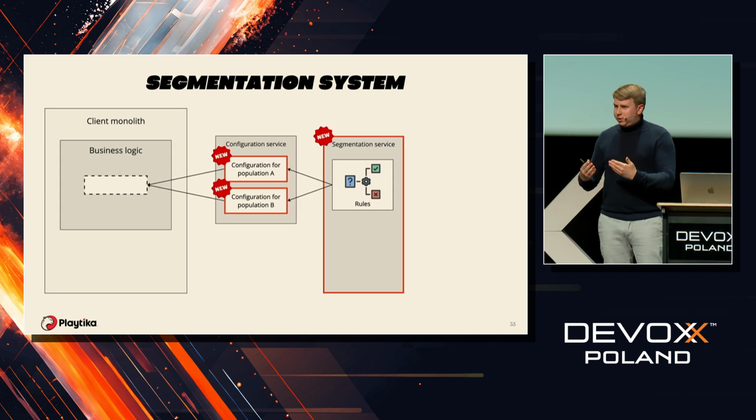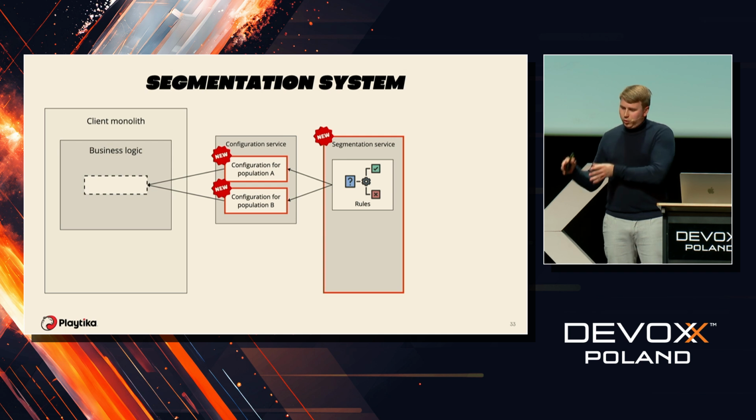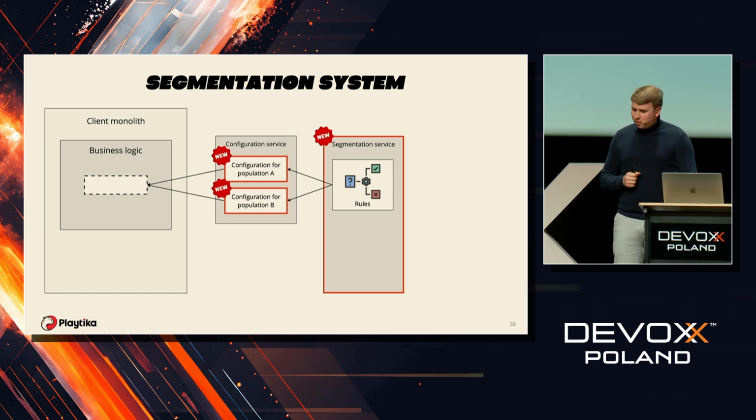And then we need to decide, depending on the population, whether the user belongs to population A or population B, and we provide one or the other configuration file. So we built a segmentation service which contains those rules. And the segmentation service actually tells us which population this user belongs to.